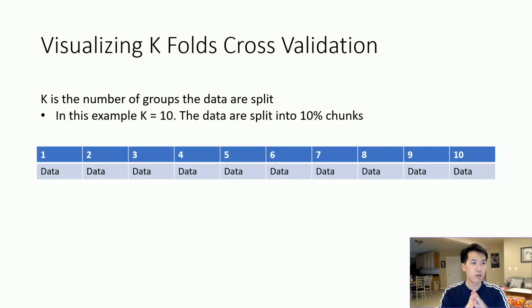So let's visualize this. Let's say that we have 10 observations and we split these 10 observations into 10 different subgroups. And this is just given for our training data. Okay, so let's split it into 10% chunks where each chunk is its own group.